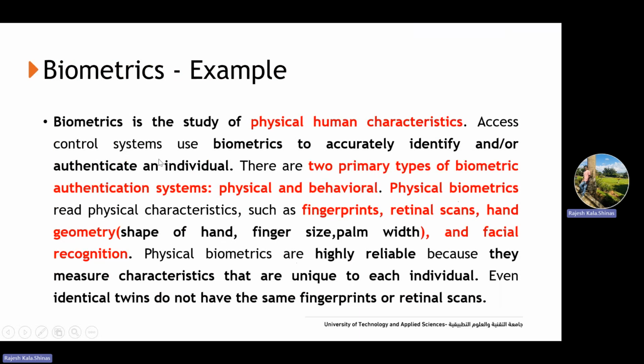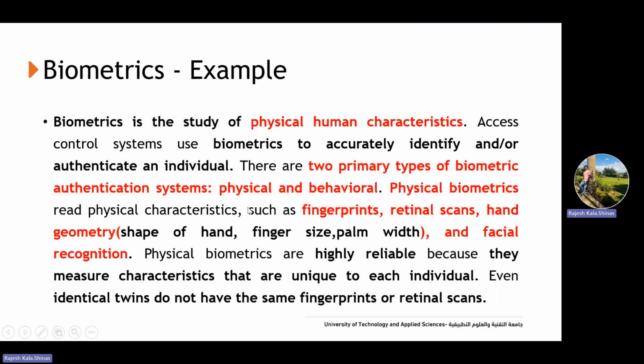Biometrics means the study of physical human characteristics. There are two types of biometrics: physical and behavioral. Physical means fingerprint, retinal scan, that is scanning the retina of a particular person's eye, hand geometry, which contains shape of the hand, finger size, palm width, different for every person, unique, and facial recognition.